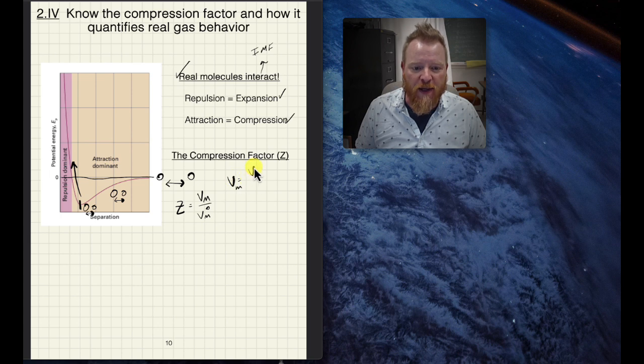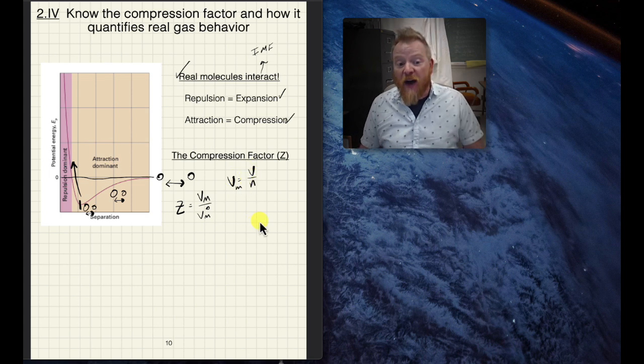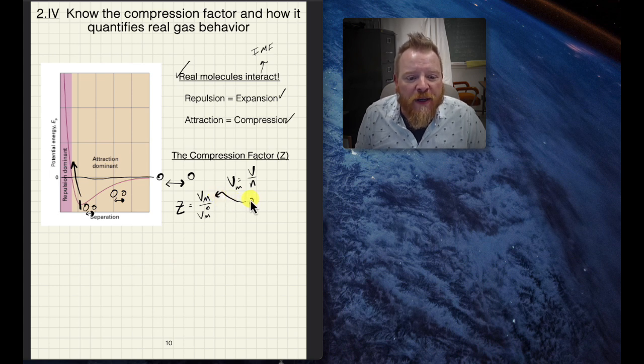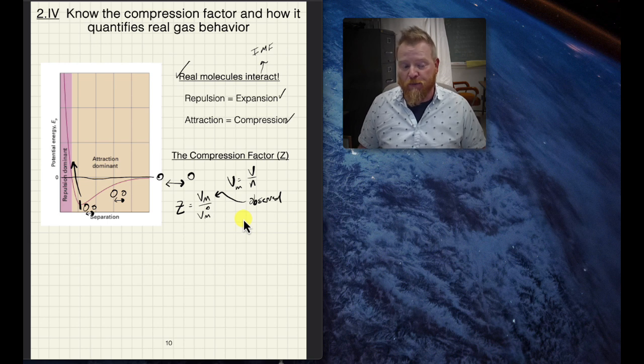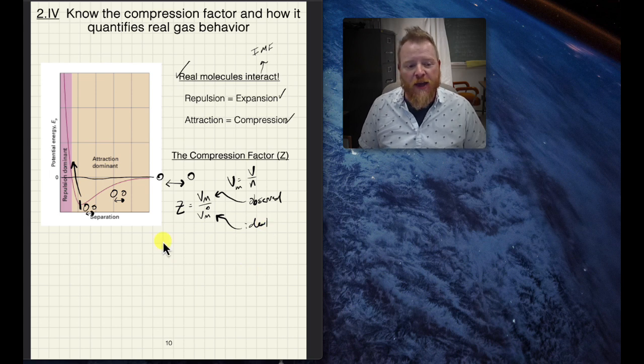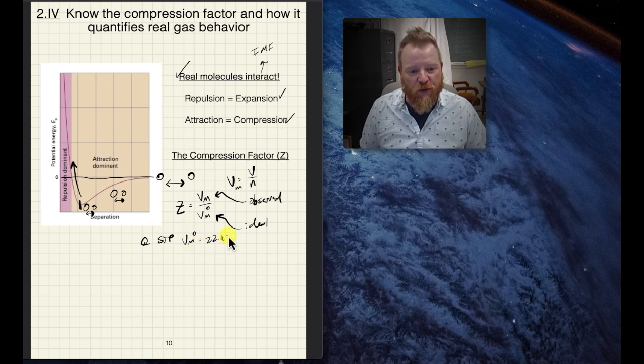So Vm equals V divided by n. And so this quantity on top would be our observed volume per number of moles. This quantity on the bottom here is our ideal value. And of course, at STP, hopefully you remember, or approximately remember, that this value is 22.42 liters per mole at STP.